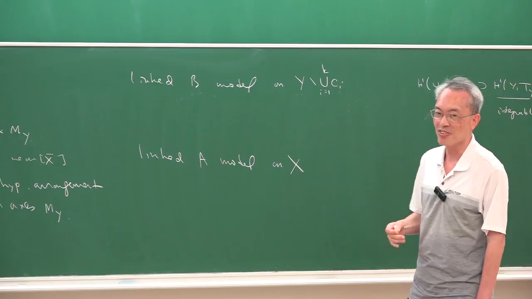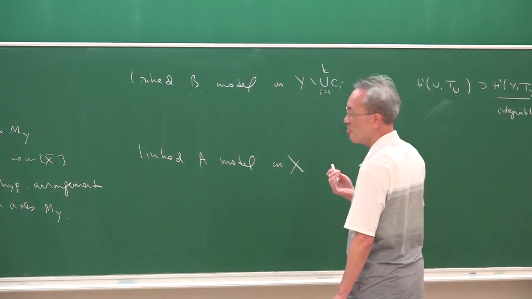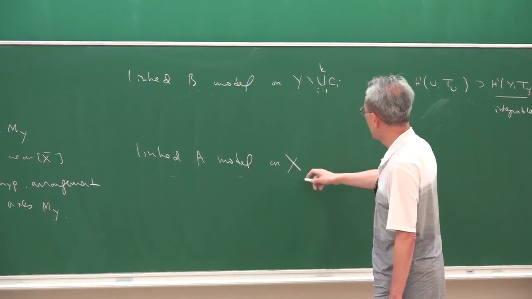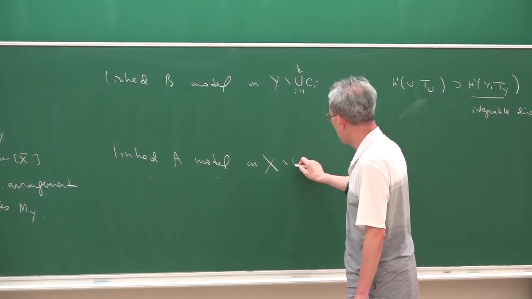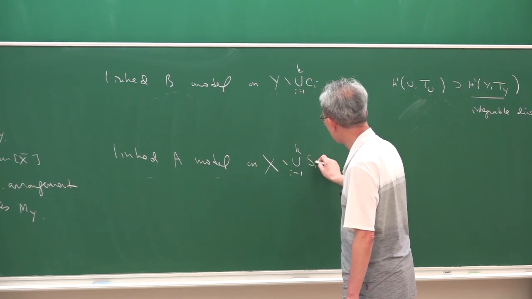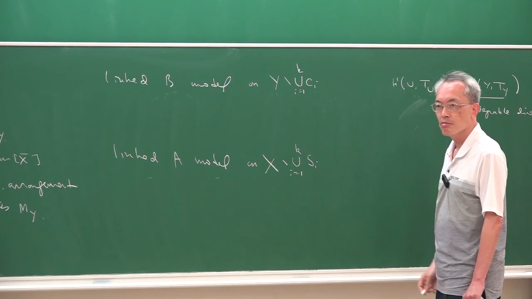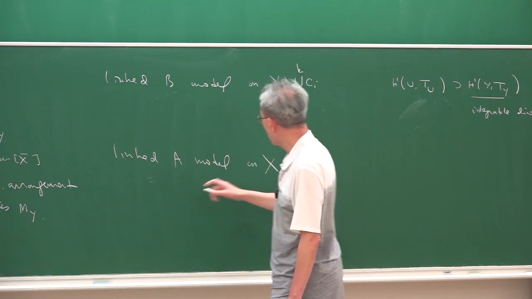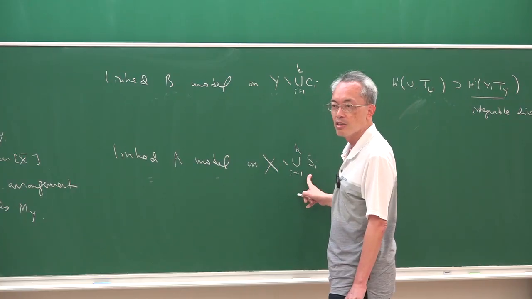You immediately feel that something is different. Because what's the linked A model? The same thing. That means you link by the vanishing spheres, the vanishing cycles. That means you consider only those curves which do not touch the vanishing cycle.